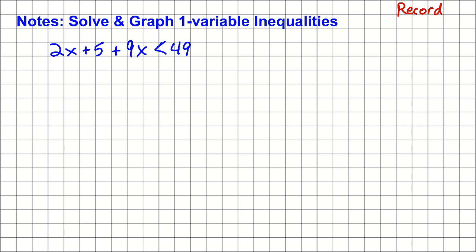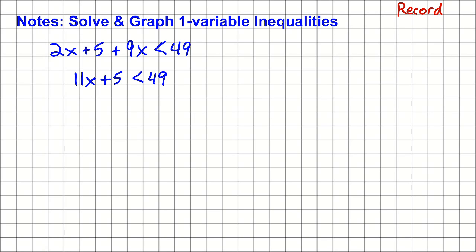And when we look at a problem like that, I notice that the 2x and the 9x are on the same side of the inequality, so I can just combine those. So when I combine those, I get 11x plus 5 is less than 49. Now, my whole goal, just like with solving equations, is to get my x term by itself on one side.